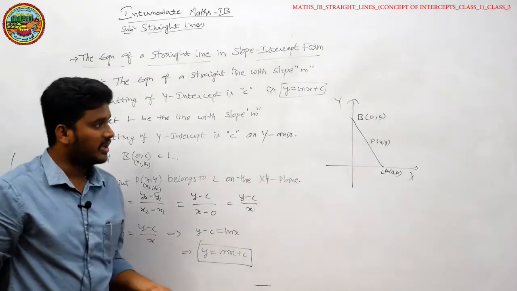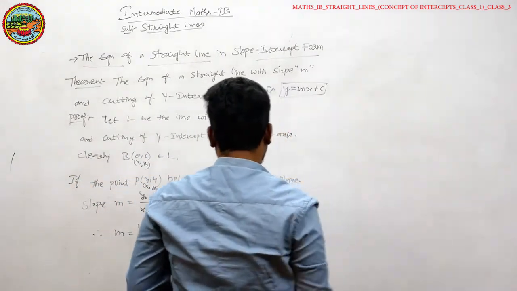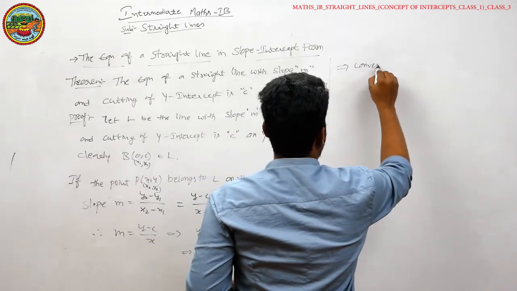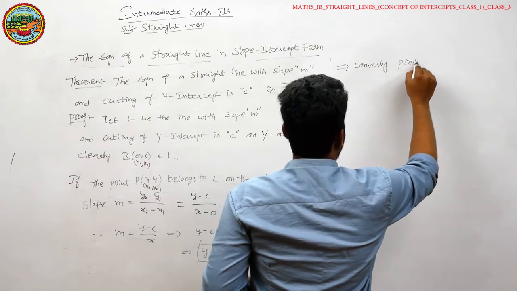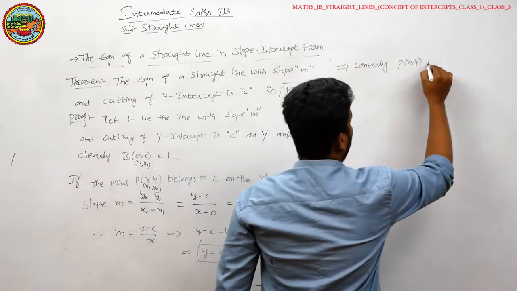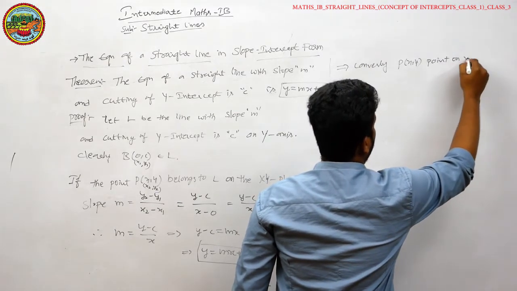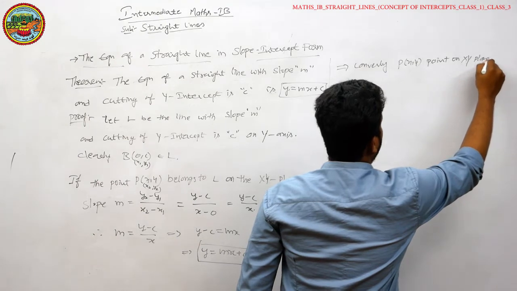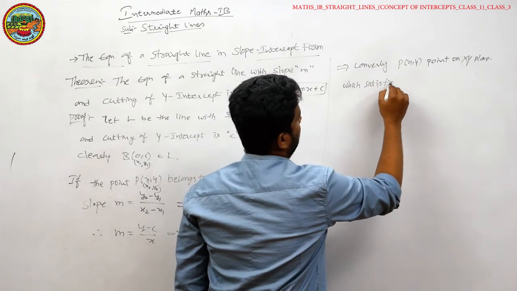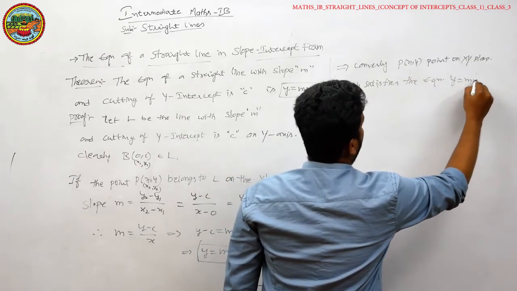And next, we take the converse. Conversely, suppose that P x comma y is a point on the xy plane which satisfies the equation y is equal to mx plus c.